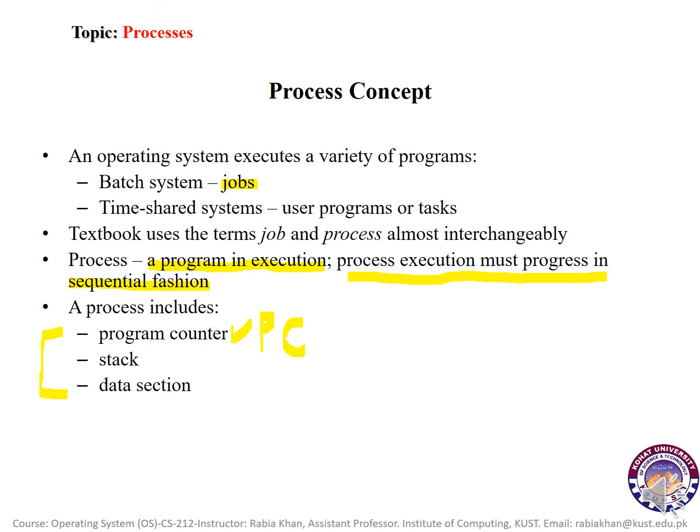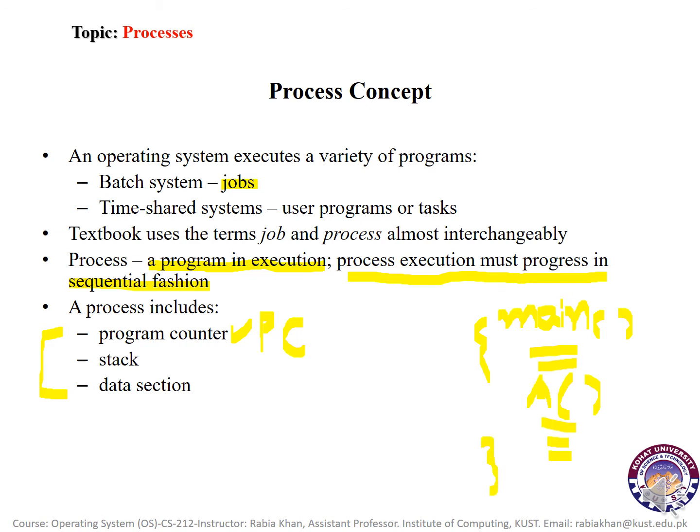For example, this is your main program, main function, and you have used different functions within main program. So many statements, and then there is a call to function A. And after function A, there are further sequence of statements within main.